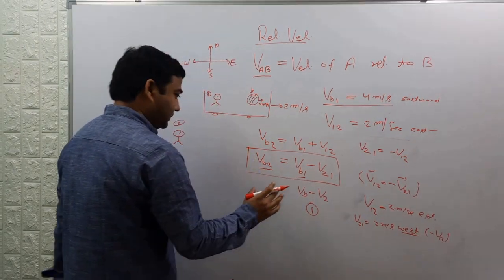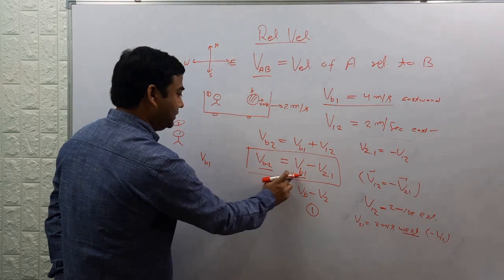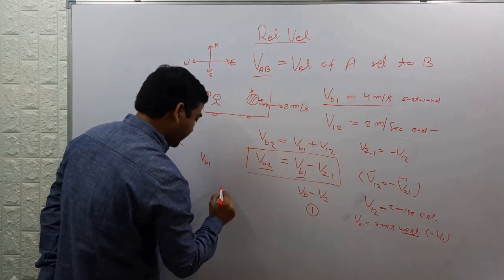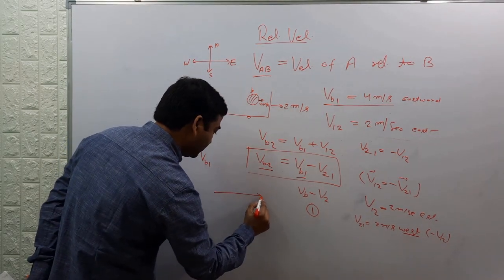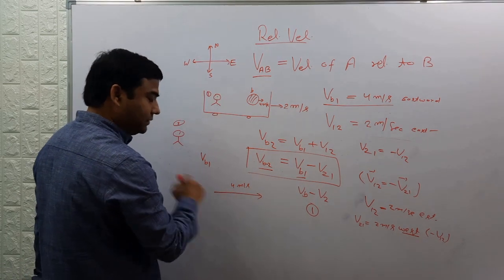That is, we will write here separately V12. V1 is 4 meter per second. This is V1.